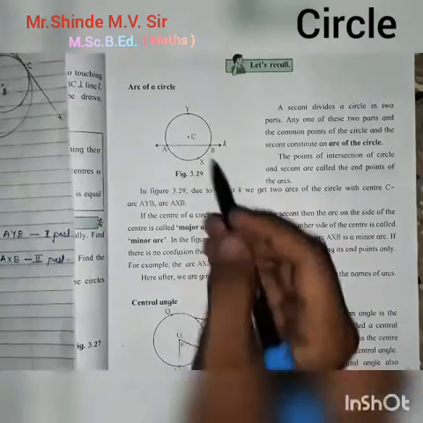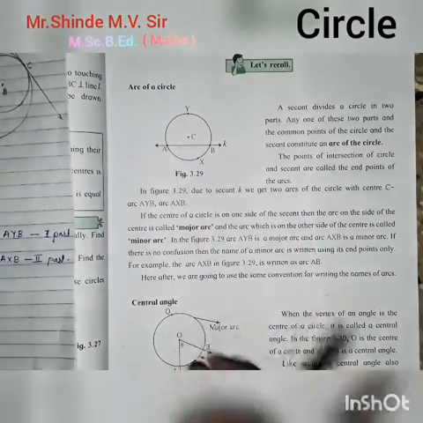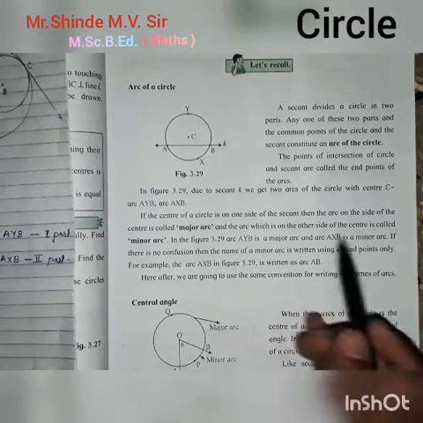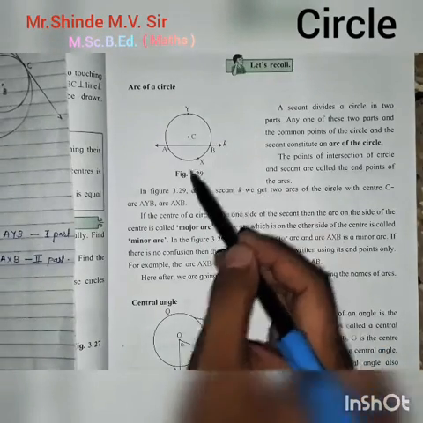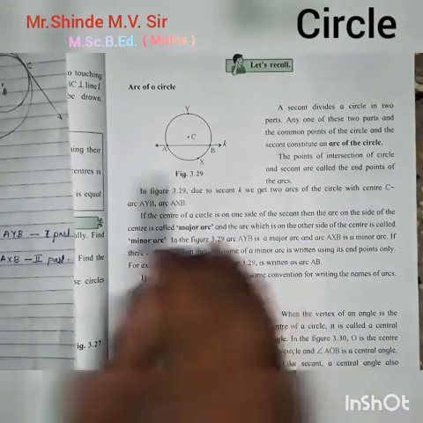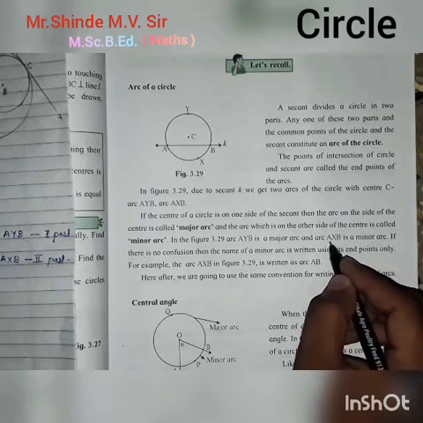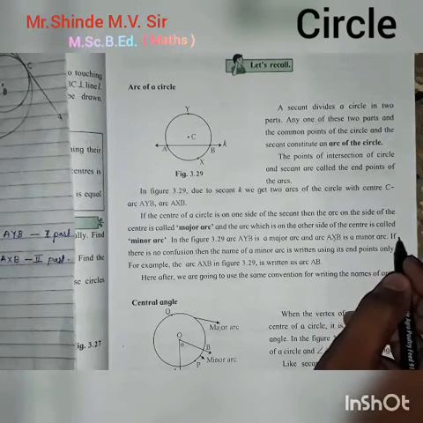So AYB is the major arc and AXB is the minor part. Minor means a smaller part and major means a bigger part. So AXB is a minor arc.